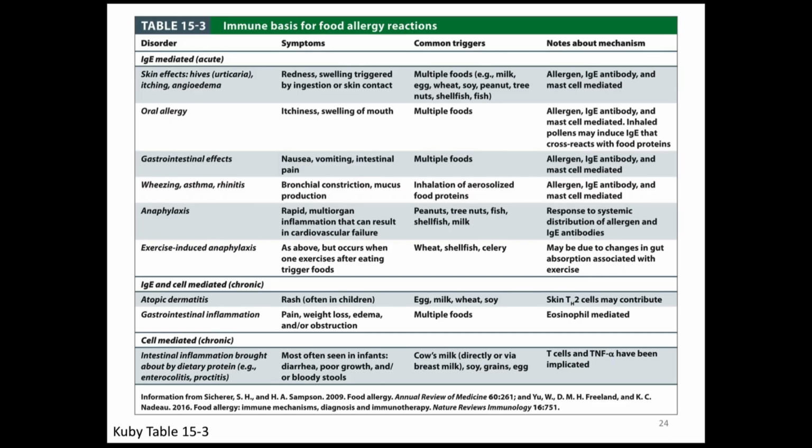Sometimes they end up being more wheezing, and that's because the problem has been the amount of antigen you inhaled when you ate that food. And so sometimes you can see some different manifestations of food allergy based on the fact that we don't often just interact with that antigen in one place. You might see the symptom in the mouth versus in the intestine or something like that. So food allergy can look like a lot of different things.